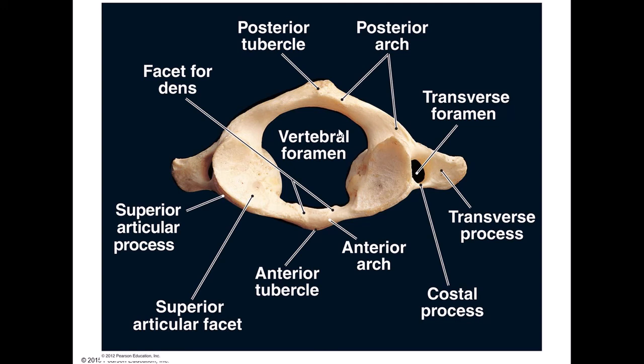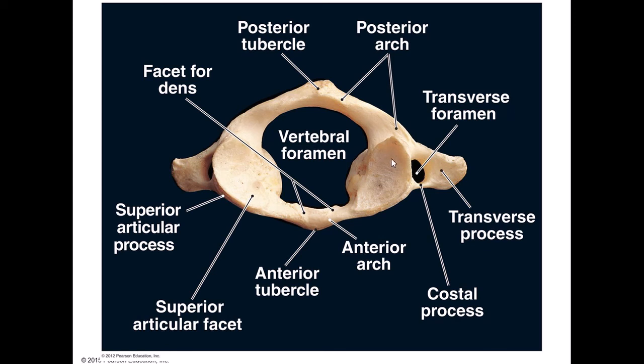Look at the size of the vertebral foramen here. Again, this is where the spinal cord is emerging from the brain. So the vertebral foramen is going to be large. The transverse processes are like the other cervical vertebrae. There's a transverse process, but remember, there's going to be a hole in it. That's known as the transverse foramen.